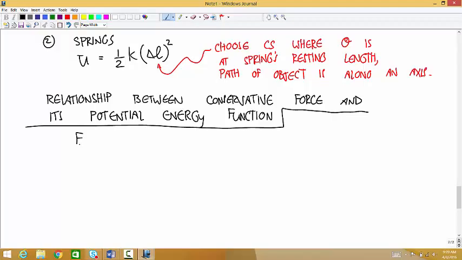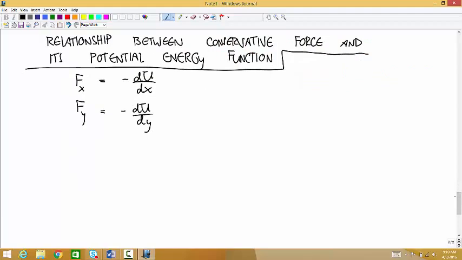The x component of the force is equal to negative dU dx. And the y component of the force is equal to negative dU dy. And so if you're given a potential energy function, you can figure out the force that it's applying based on this relationship.